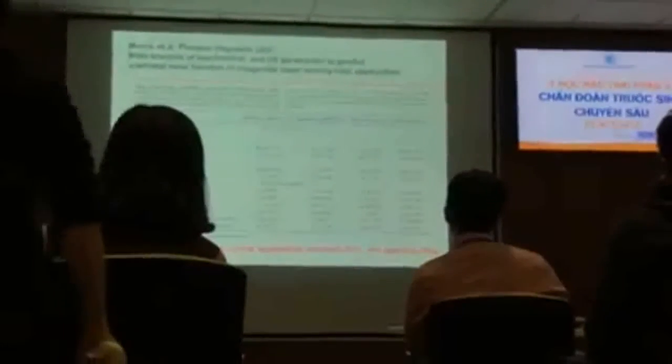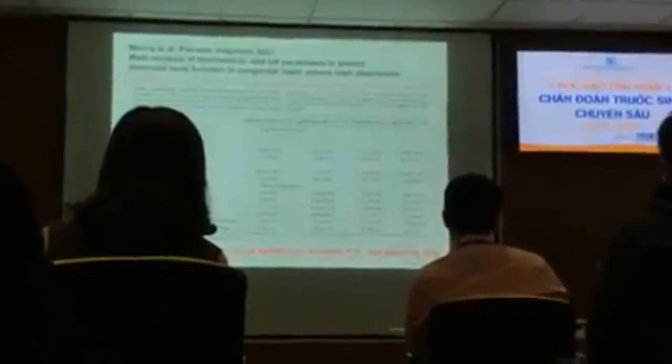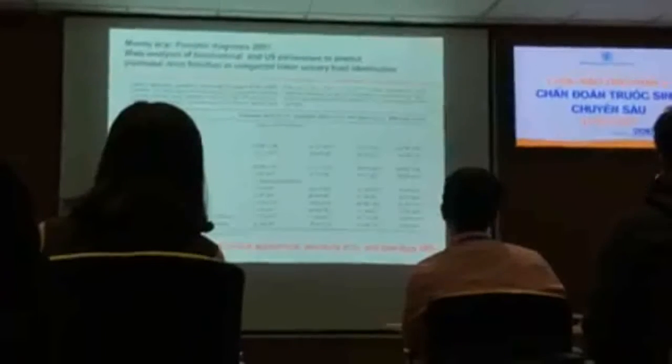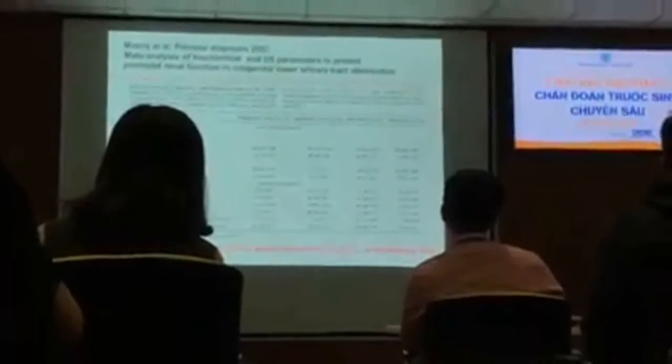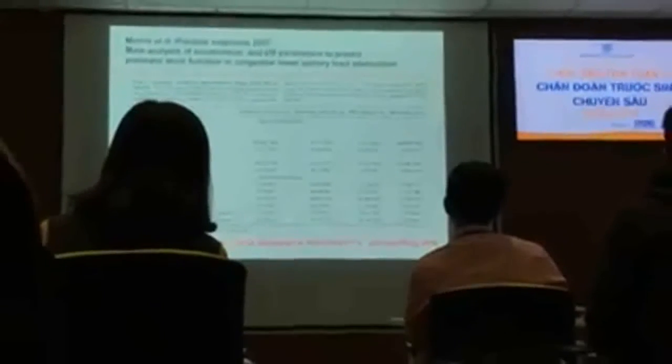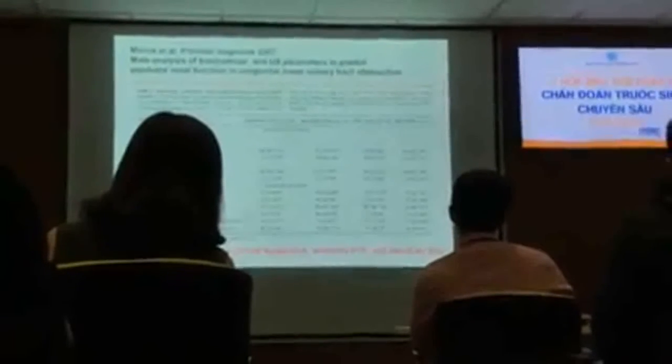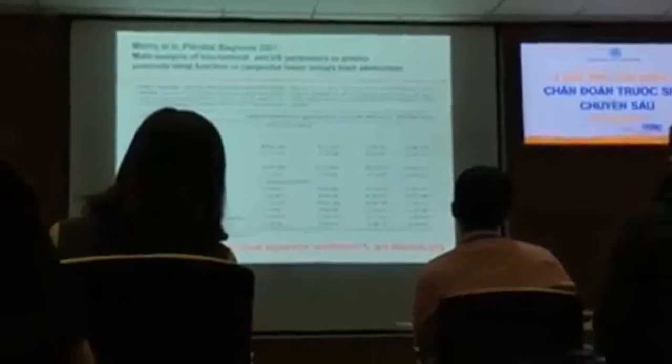Then you cannot see any renal cortical appearance, and you can say the prognosis is very poor. The sensitivity is 81% and specificity 59%. So renal cortical appearance is the major predictor marker for the prognosis of congenital lower urinary tract obstruction.